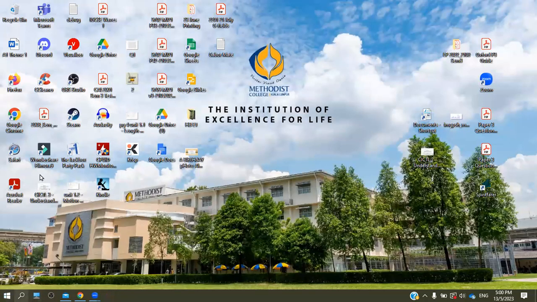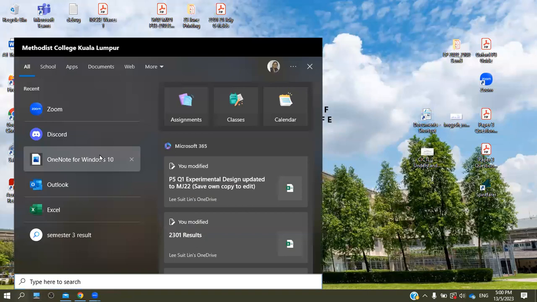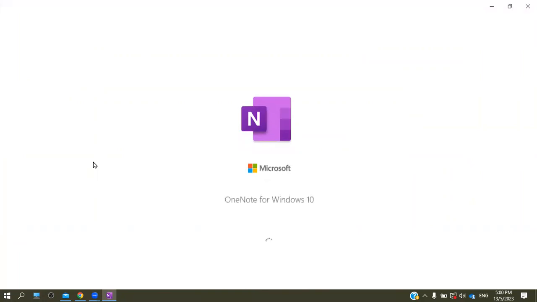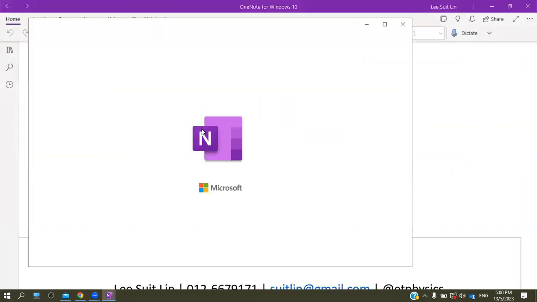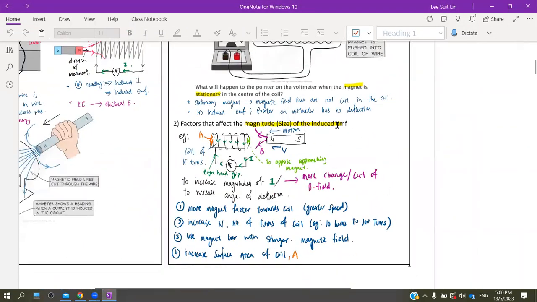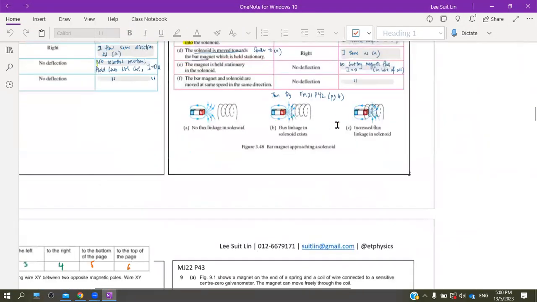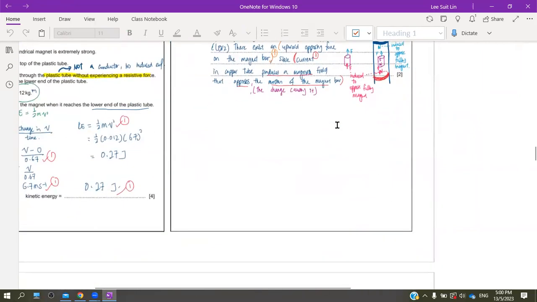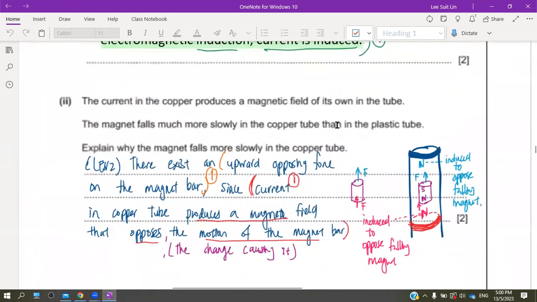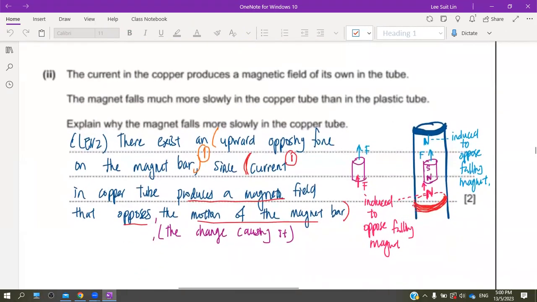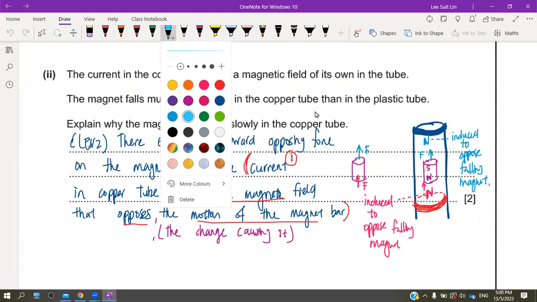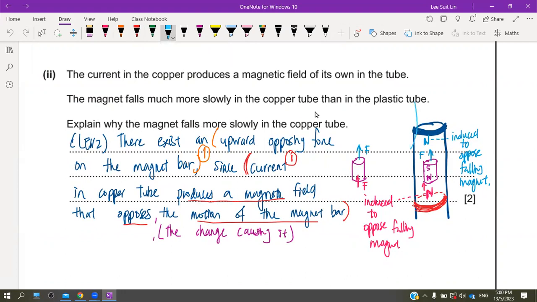All right, so this blue section will have to feel like this.